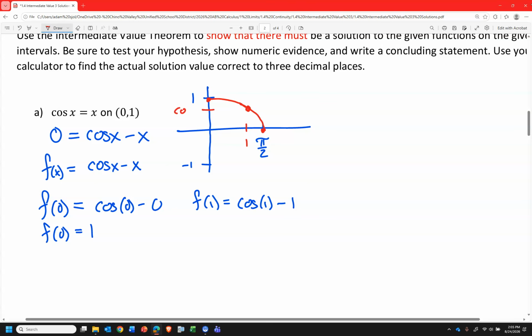which means cosine of 1 is less than 1, which means f of 1, cosine of 1 minus 1, is less than 0. Right? Because you're taking whatever this y value is, cosine of 1, doesn't matter what it is, and subtracting 1, and so you're going to get a negative.